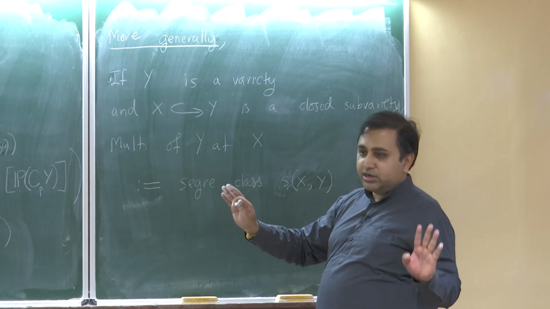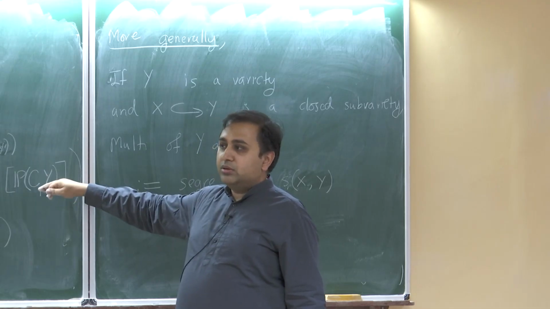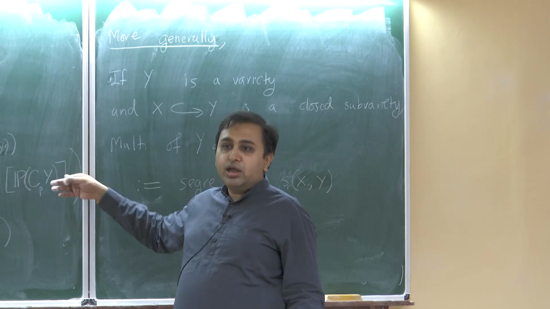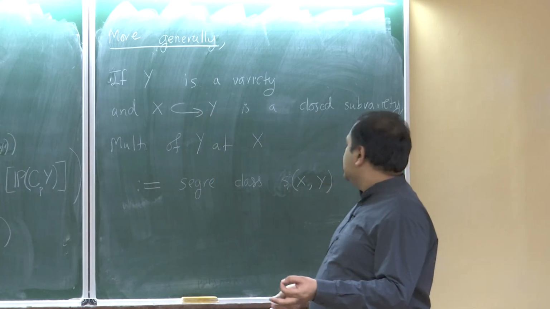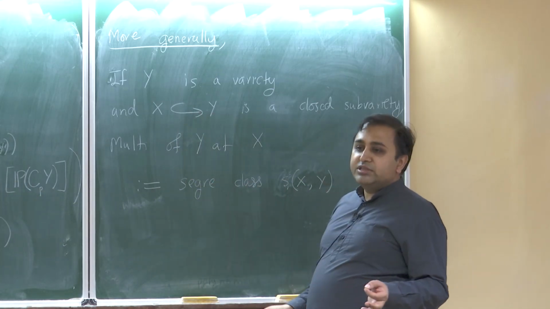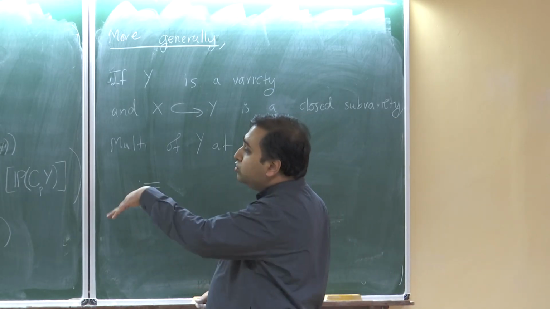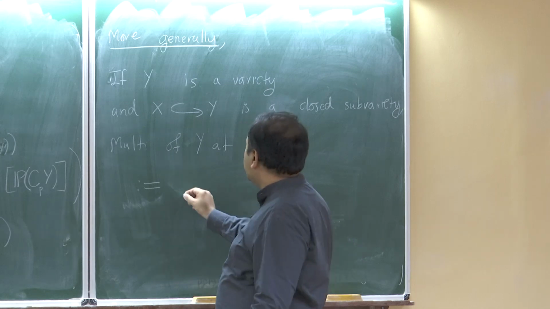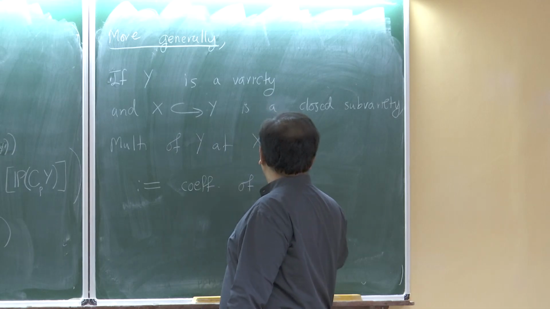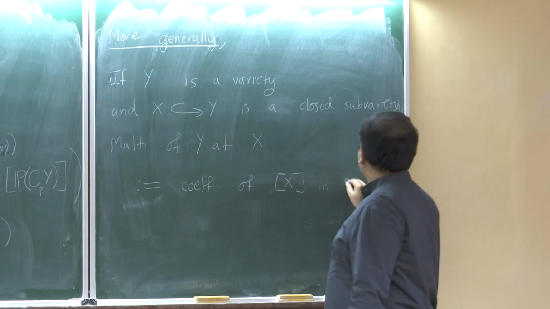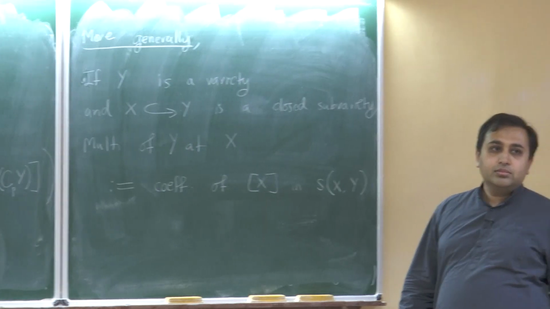That's an answer actually. I could take the fiber of this projectivized normal cone over the generic point and then actually compute the Segre class there. If I do that, I will get a number. But here, what am I going to get? The coefficient of X in s of X in Y.